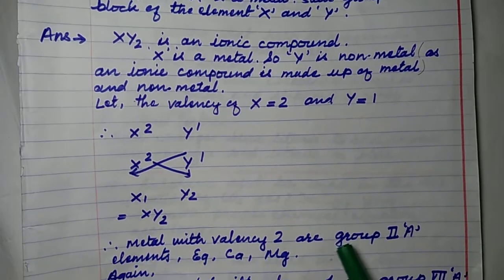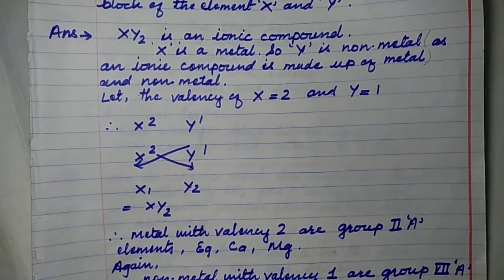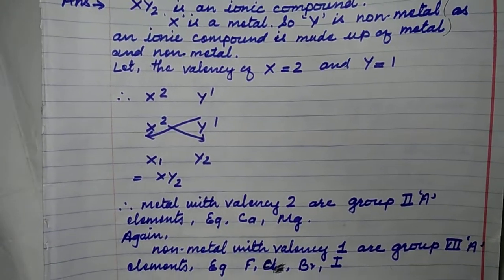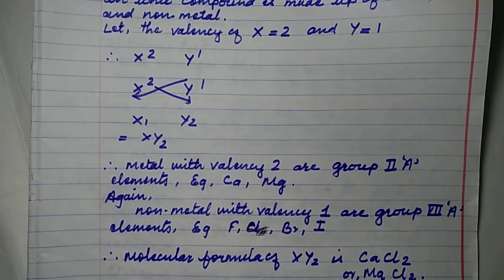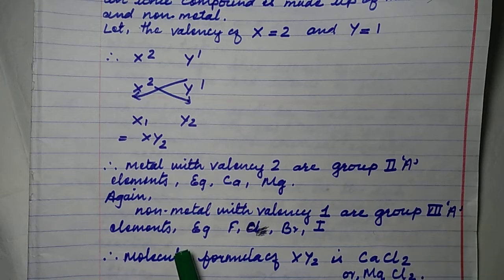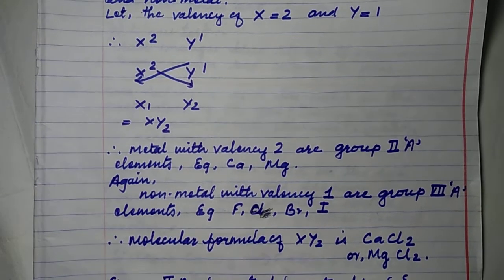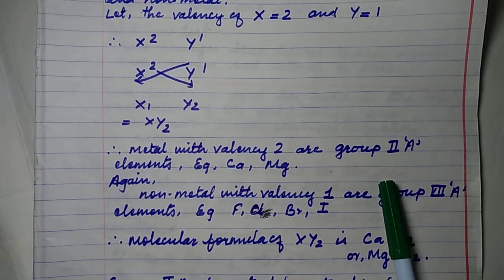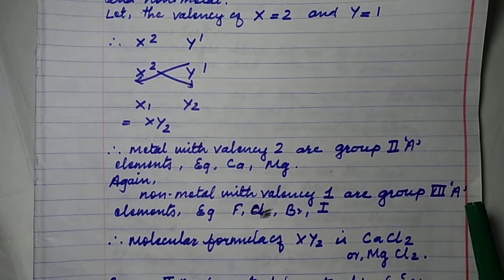Now metals with valency 2 are group 2A elements. Example, calcium, magnesium. If non-metals have valency 1, then these are group 7A elements. For example, fluorine, chlorine, bromine, iodine. So the molecular formula of XY2 can be written as CaCl2 or MgCl2, because calcium, magnesium are group 2A elements and chlorine is a group 7A element.